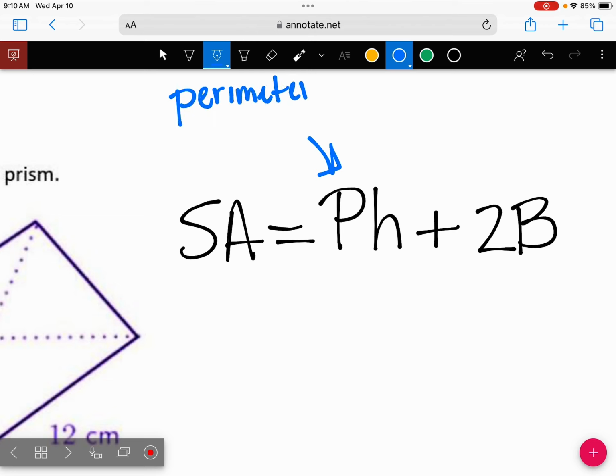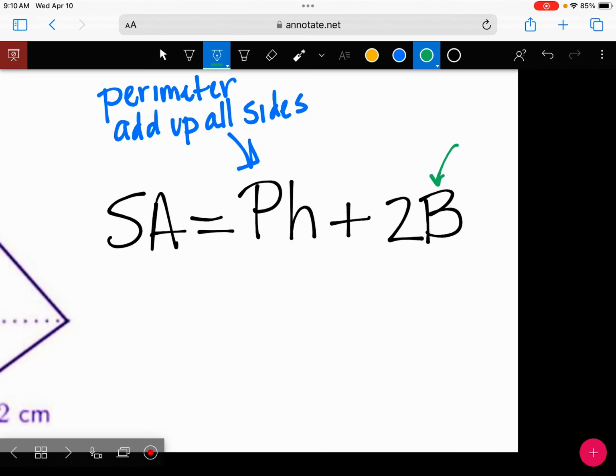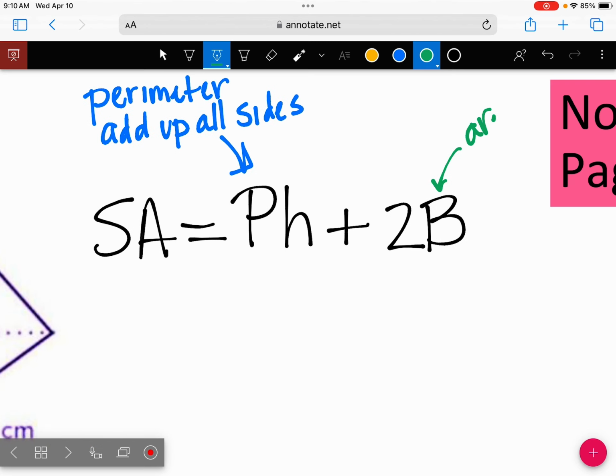That's what that P stands for. And when you're trying to find the perimeter, you just add up all the sides. But this B, that's the area.